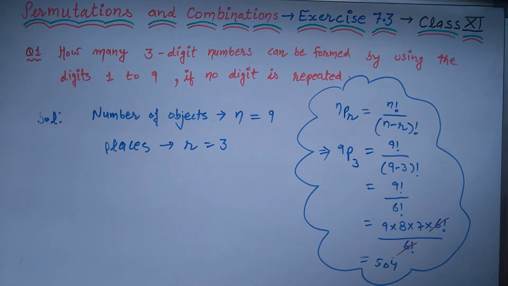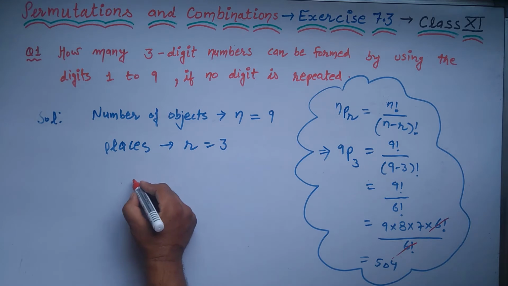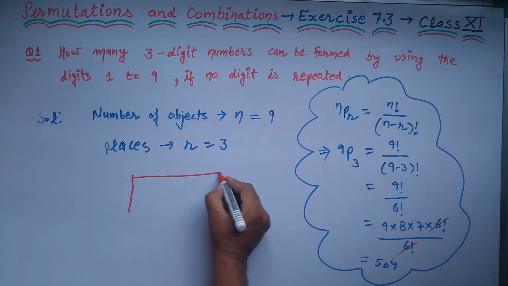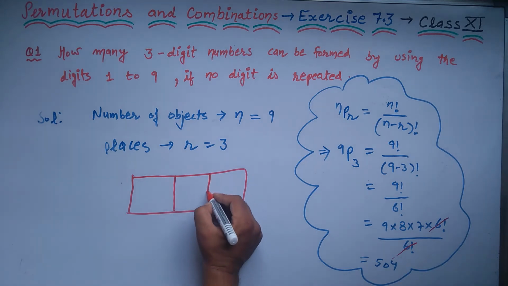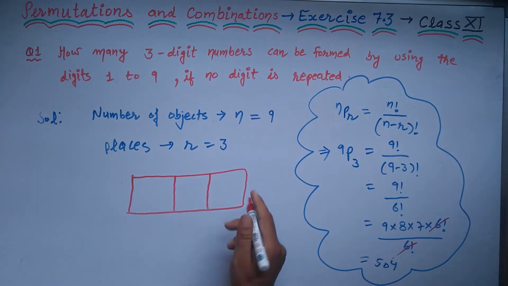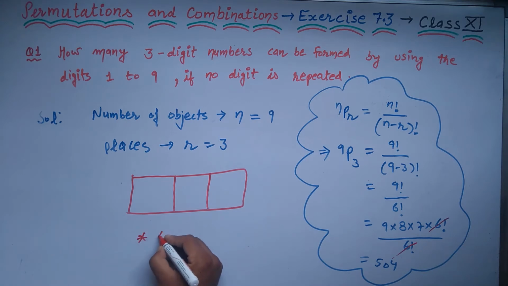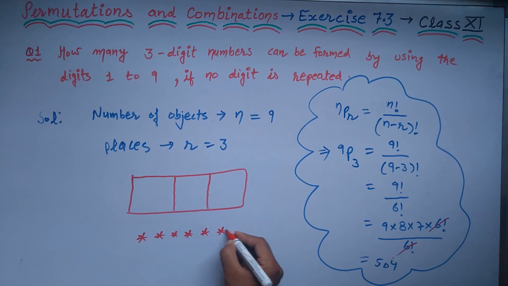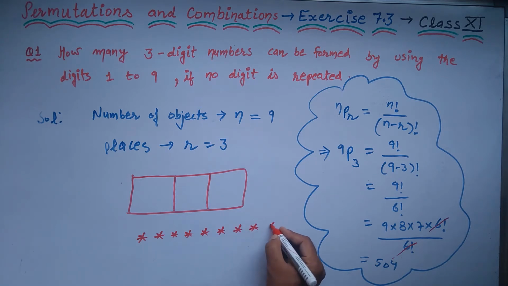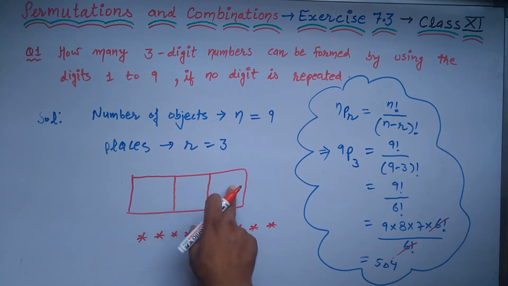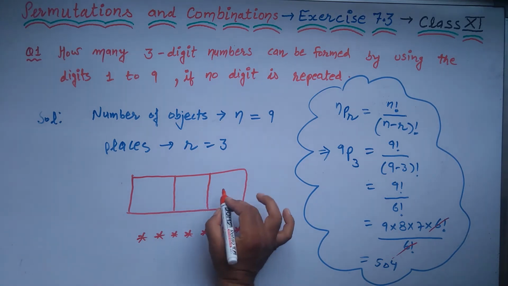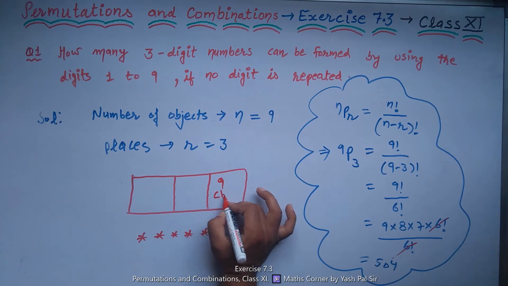In the previous exercise 7.1, the way we solved such questions, the method was, first of all we have 3 boxes. Okay, and we have 9 objects, 1 2 3 4 5 6 7 8 9. So first of all, any one single box has 9 choices.